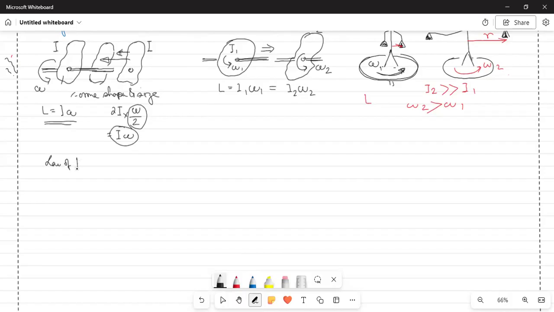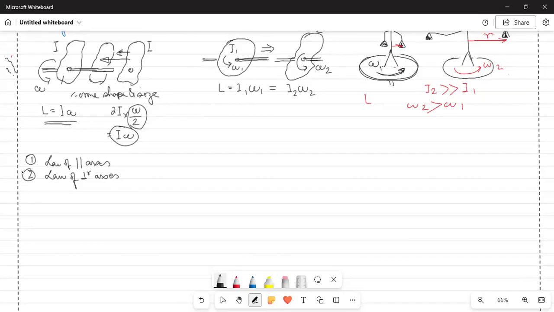Right? This is number one and this is number two. We shall see these two laws now.